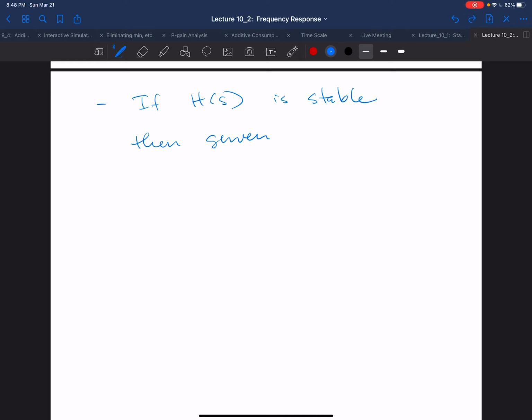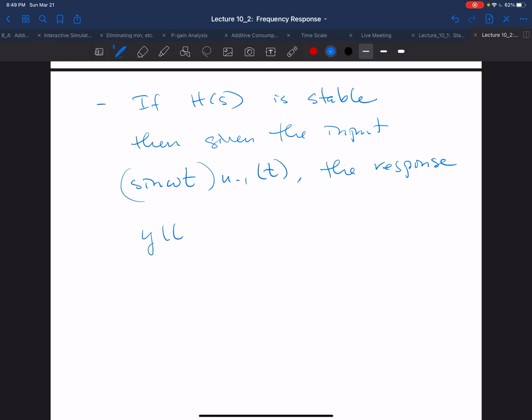So if you use the input sine ωt times the unit step, the response y(t) will tend to the modulus of H(jω) times the sine of (ωt plus the angle of H(jω)) as t goes to infinity.